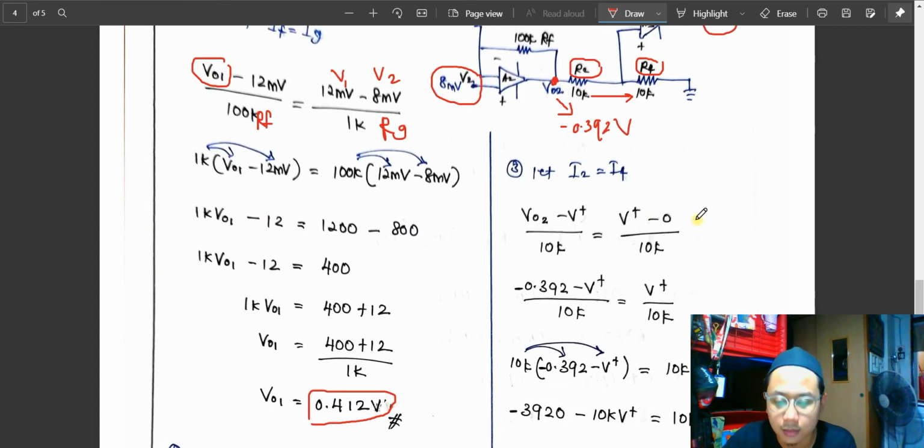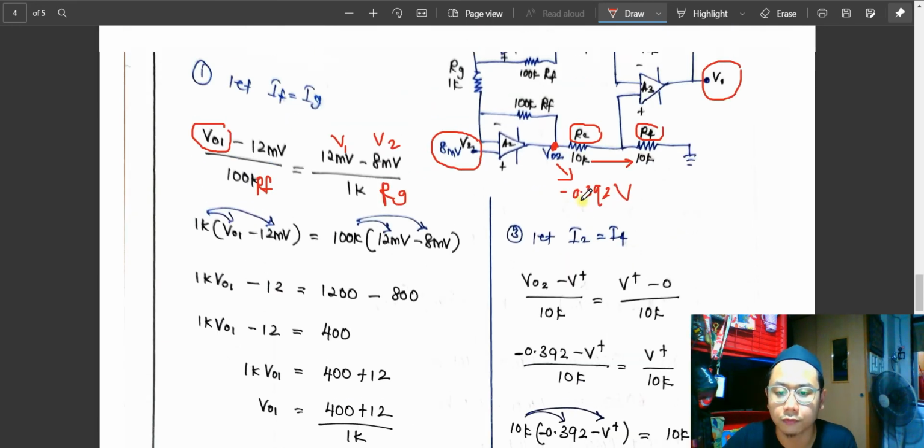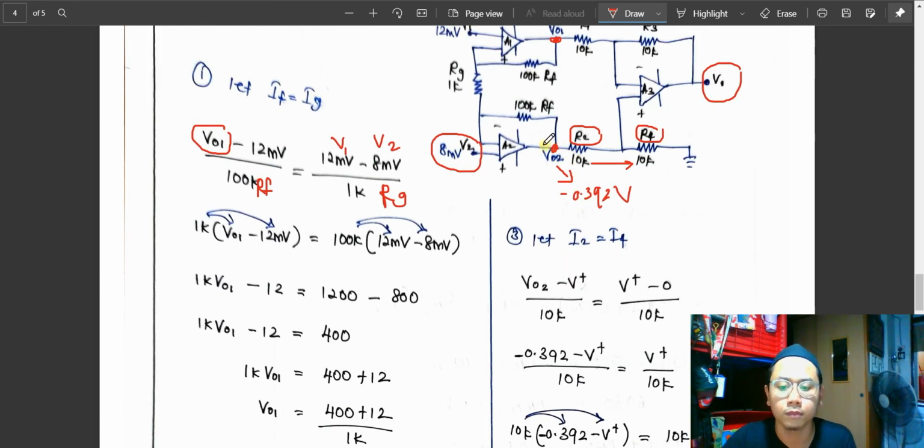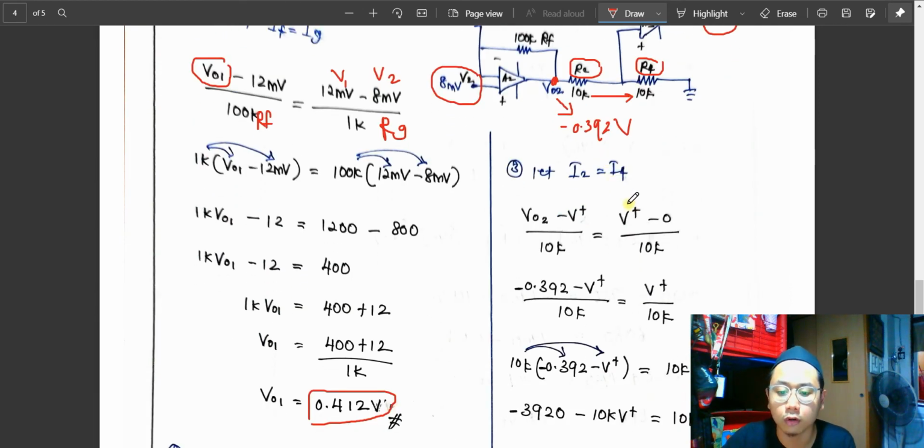By using this formula, V out 2 minus V plus over 10k equals V plus minus 0 over 10k. And 10k is the value of R3 and R4. By substituting all the values, we will find the value of V plus.